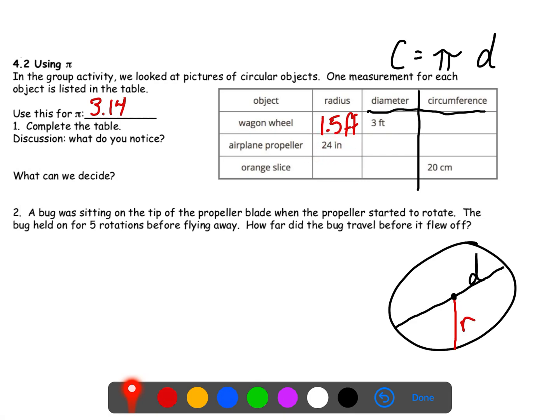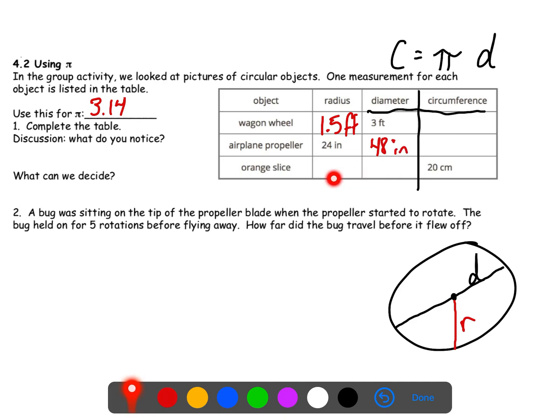The diameter is going to be 2 radiuses to get all the way across the circle here, so we need to double it. So here we wanted half or divide by 2. Here we're going to multiply by 2. So we have a constant of proportionality here as well between radius and diameter. So we're going to double the radius to get 48 inches for the diameter.